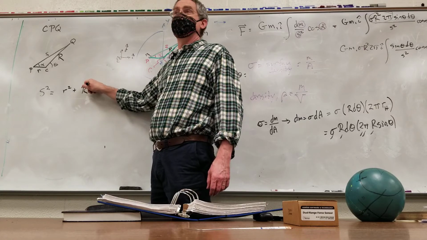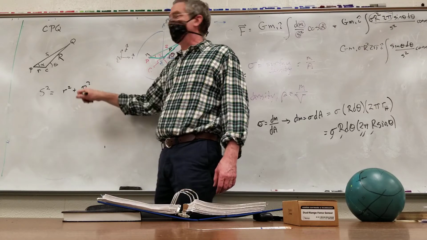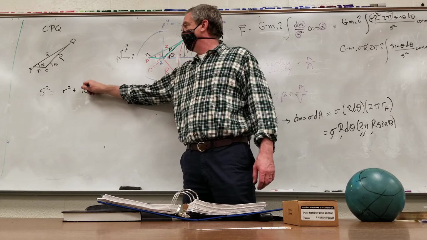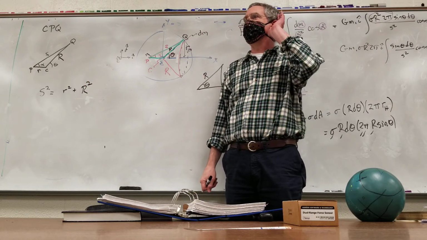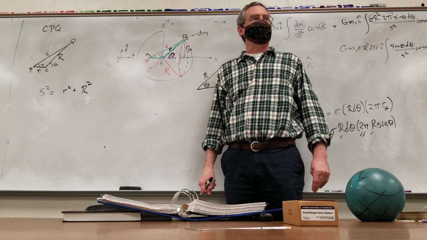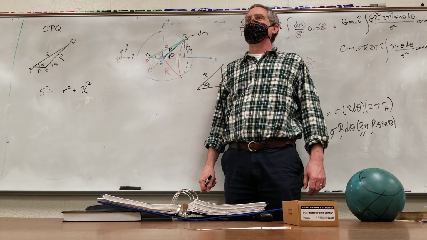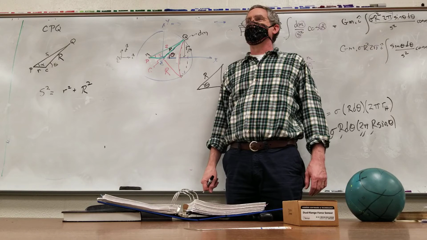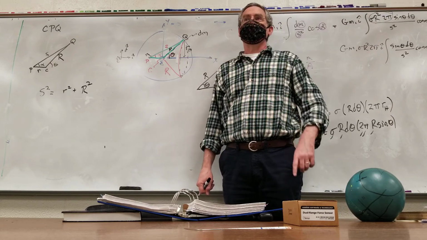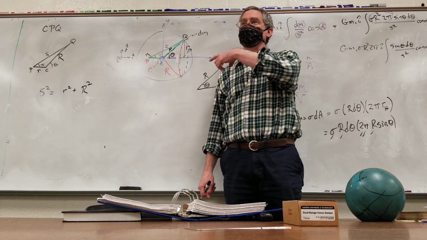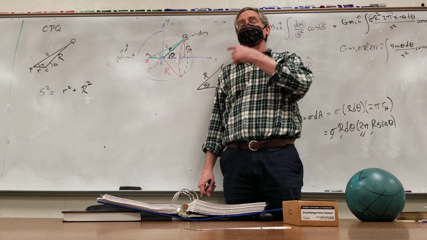You wouldn't take the square root because S is squared. This is not a correct statement. This is Pythagorean theorem, which only works if it's a right triangle. It's not a right triangle.